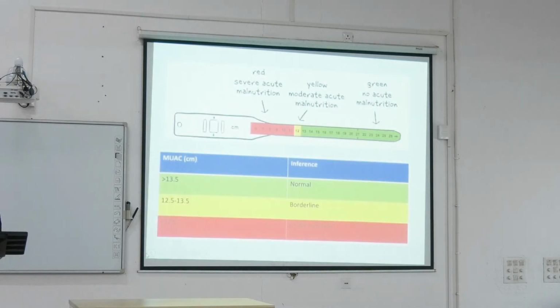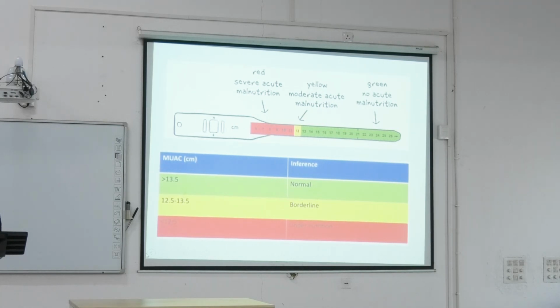What is the instrument that we use? This is the Shakir's tape, also called Shakir's tape or UNICEF tape. Normal is around 15 centimeter. Is it age dependent or age independent? Age independent criteria, but there is an age limit where we use it, from 6 months to 5 years.